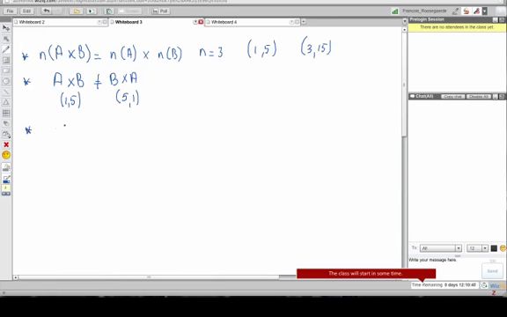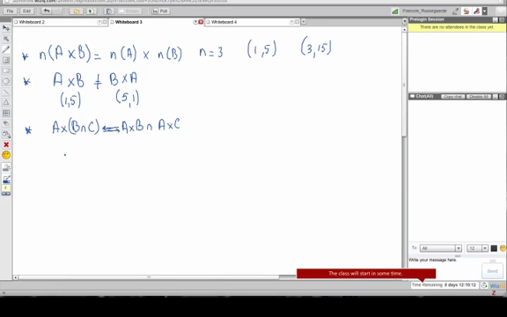Third, the distributive law applies. For instance, if I have A times (B intersected with C), would that be the same as the product between A and B, the product between A and C, and the intersection of those two products? And the question is, is this true? If you want to prove it, you have to prove it both ways, from left to right and from right to left.